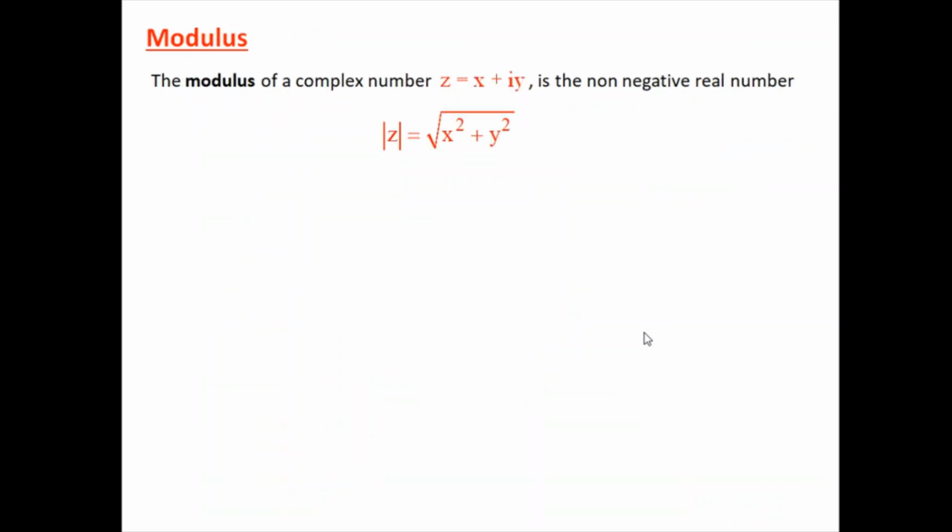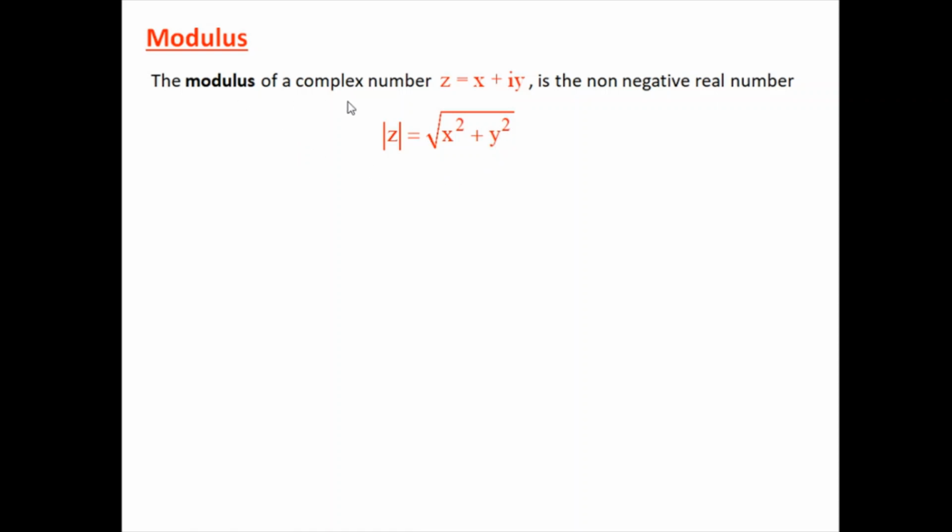The modulus of a complex number z equal to x plus iy is the non-negative real number, and the modulus of z can be calculated as the square root of x square plus y square.